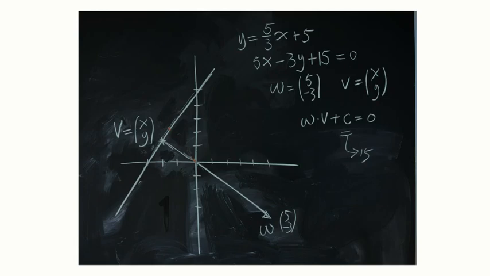Now we have two numbers, one before x and another before y. So this gives our w here. And c is a constant, c is 15.